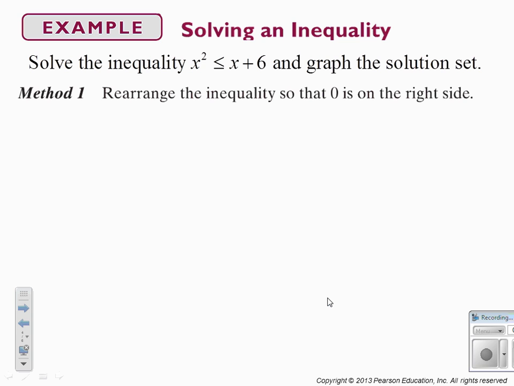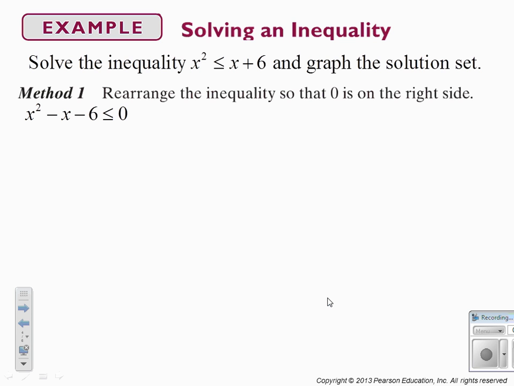The first way we can attack this is to rearrange our inequality so that everything is on one side of the inequality, and the other side is 0. And I like 0 on the right because it keeps my squared term positive. So you can subtract x and subtract 6 from both sides.